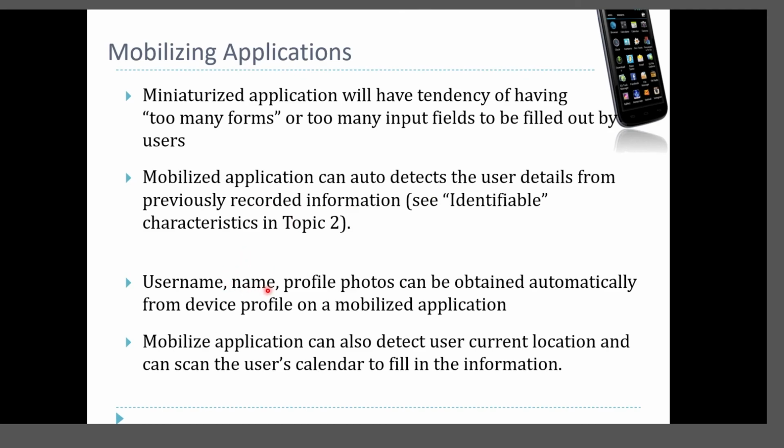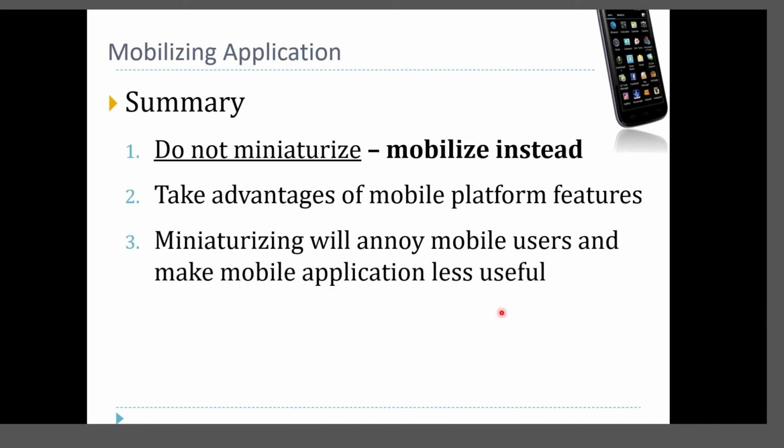And then username, full name, profile photos can be obtained automatically from the device profile on a mobilized application. And then the mobile application can also detect the user's current location and can scan the user's calendar to fill in the information. So in summary, do not miniaturize but mobilize instead.